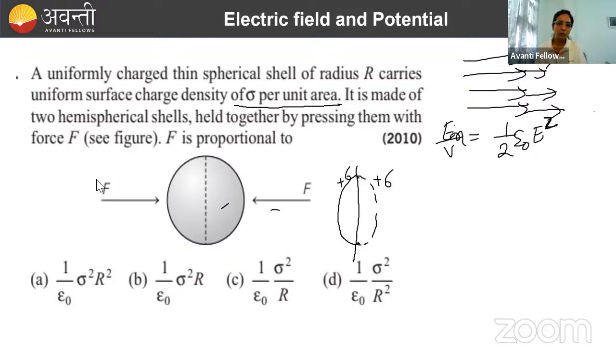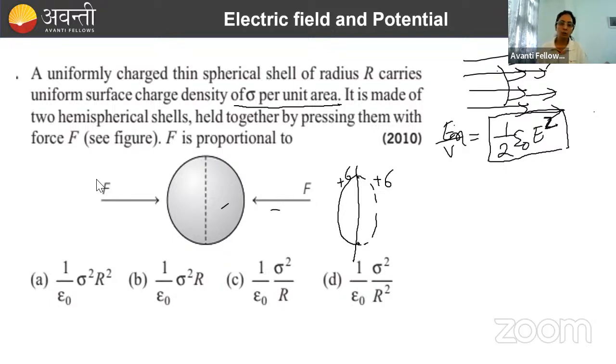And there is one more observation: if some charge-containing surface or some charged particle is kept in an electric field, then it also experiences some pressure. And that pressure value is also the same as half epsilon naught E square, the same as the energy stored per unit volume.